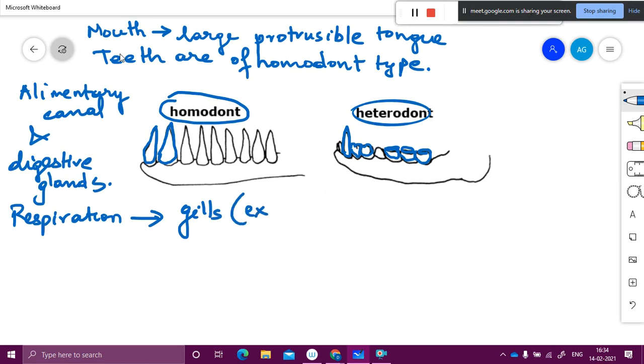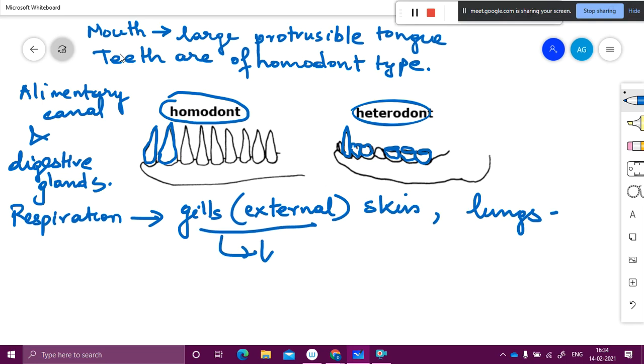The gills are external. Respiration can take place through skin or general body surface. They have also got lungs. But larval respiration is through gills.